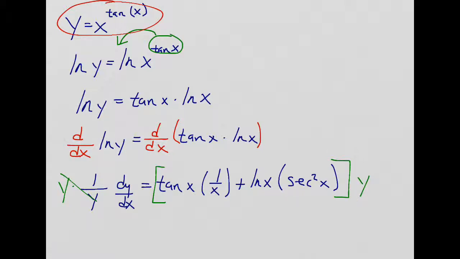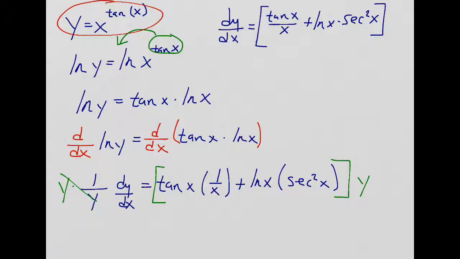So for our final answer, I'm going to go right back up top here where we have a little bit of room, and say that dy dx is equal to, we'll put this whole thing in brackets, tangent of x over x plus the natural log of x times the secant squared of x, and the whole thing is going to be multiplied by x to the tangent of x power.